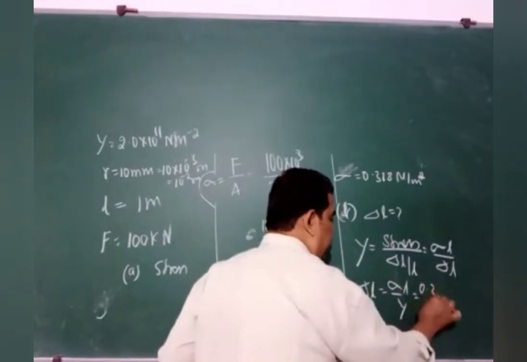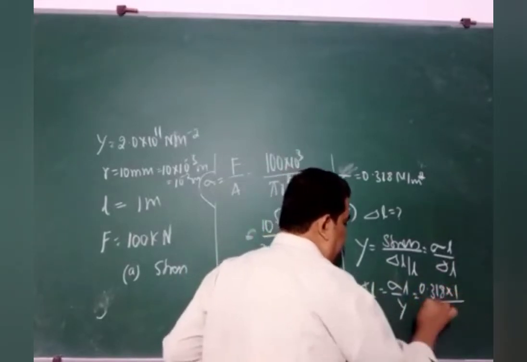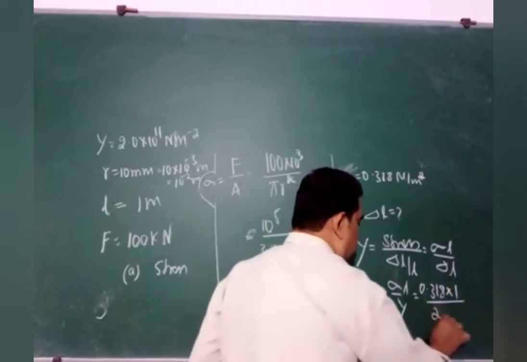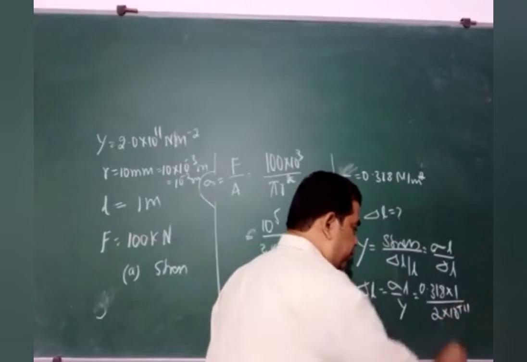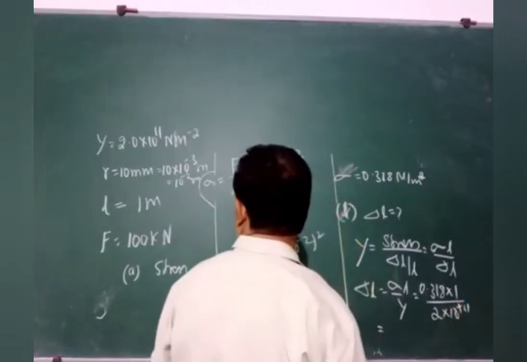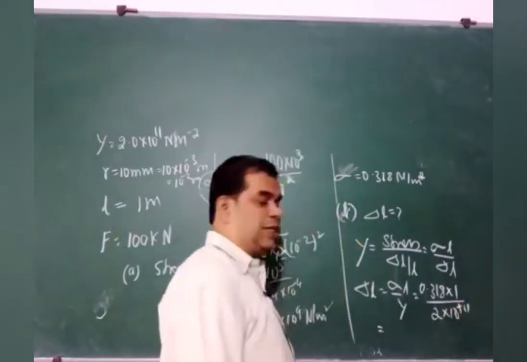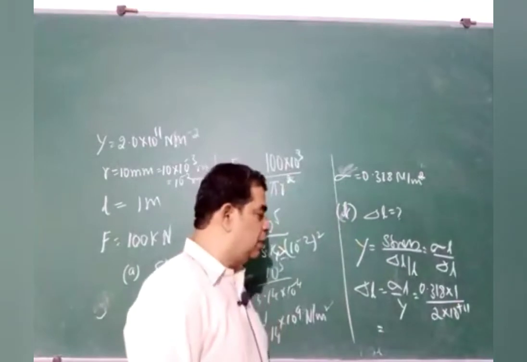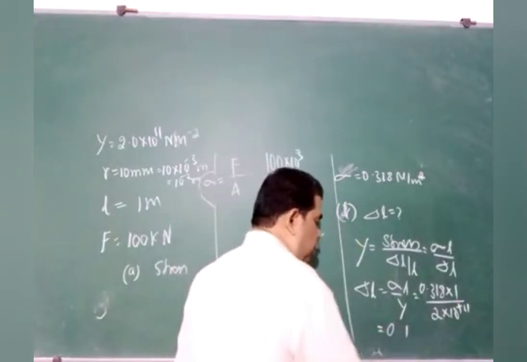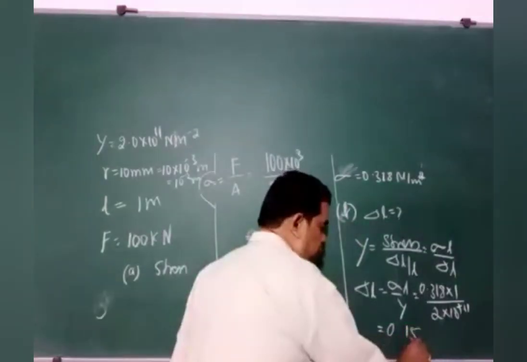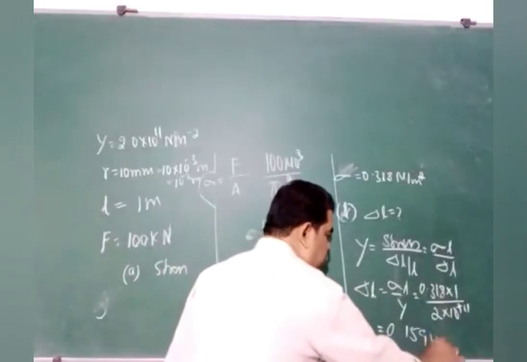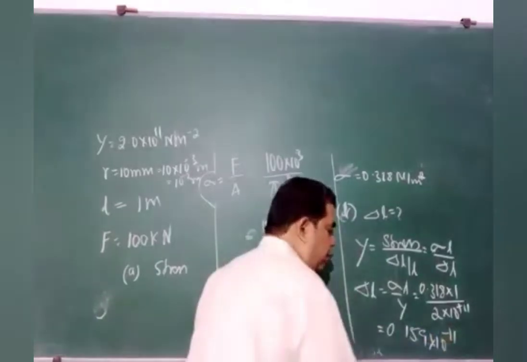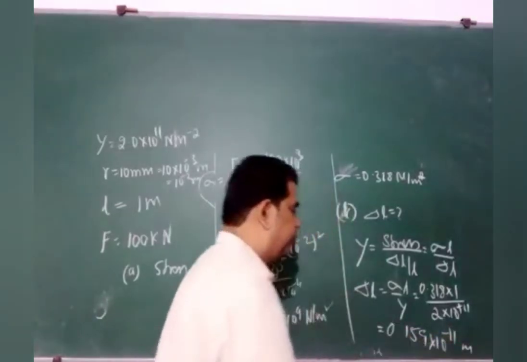Sigma is 0.318, L is 1 meter, Y is 2 into 10 raised to plus 11, sorry, plus 11, not minus 11. So it is easy to calculate without a calculator.